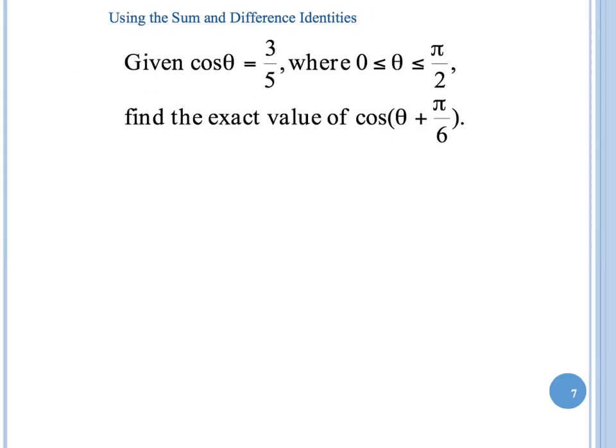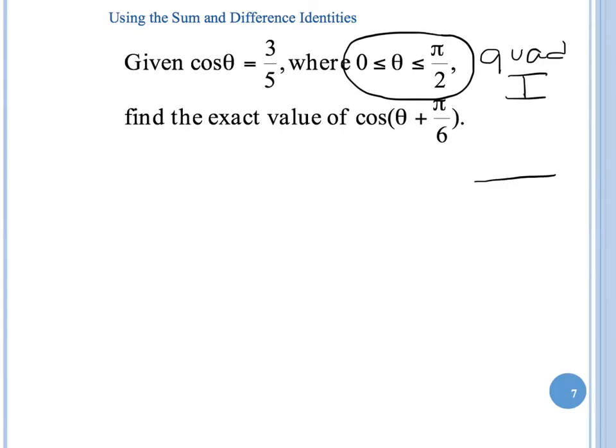So in this one, we have some information about the ratio of the sides of my triangle, and some information here about the quadrant, and this is in quadrant 1. So when I draw my nice triangle, I have my adjacent and my hypotenuse, and that must be my opposite.